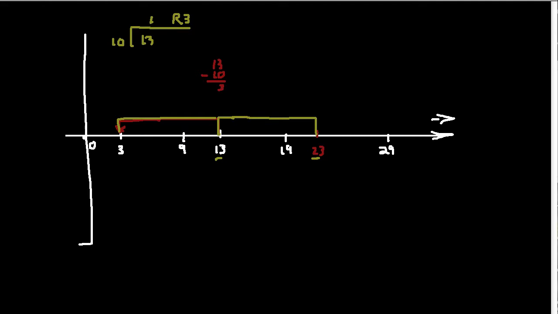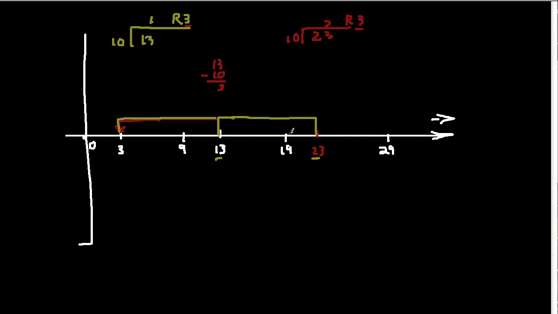And 23 divided by 10 is 2 remainder 3. So one way of getting this number modulo base 10 is to divide it by 10 and looking at what the remainder is. And the remainder brings us to the right spot down here. So this is what the basic command mod does.